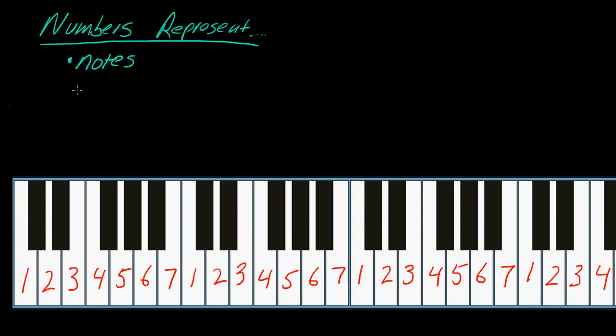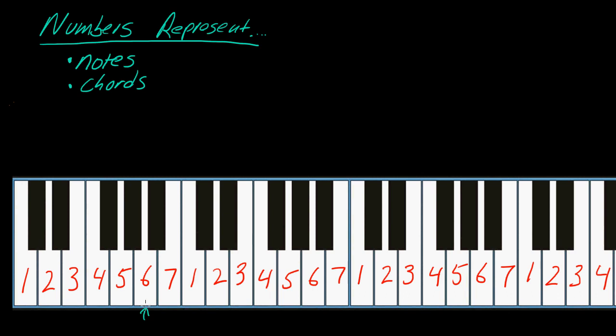But the numbers also represent chords. So here's a 3 note, but a 3 chord will involve a 3 note and more notes added to the 3 note. Does that make sense? So here's the 6th note right here.